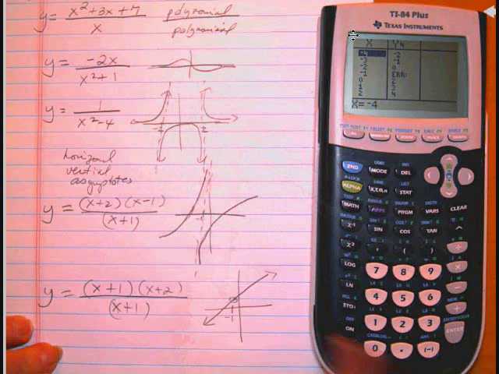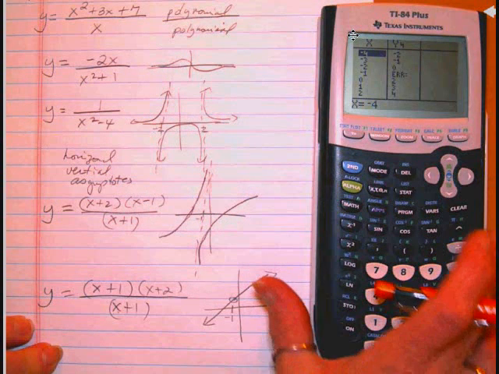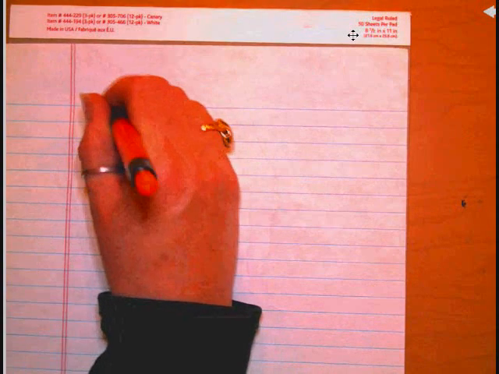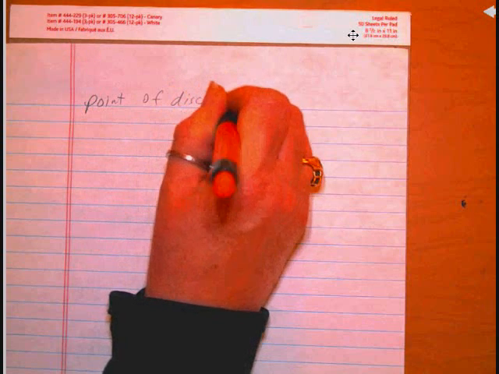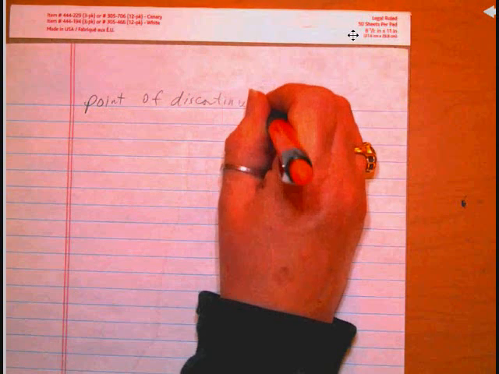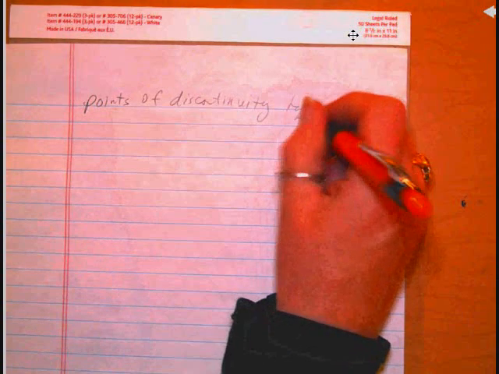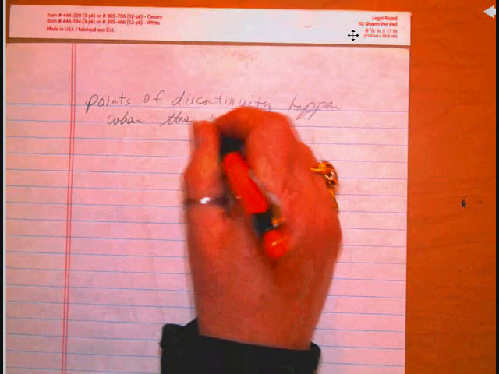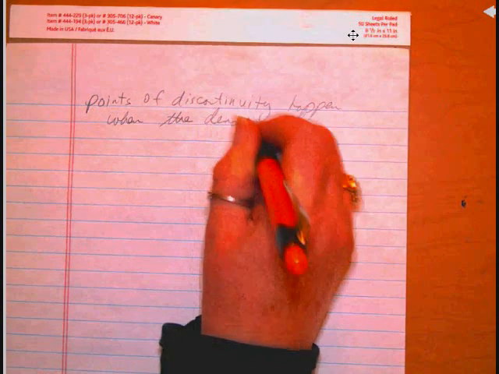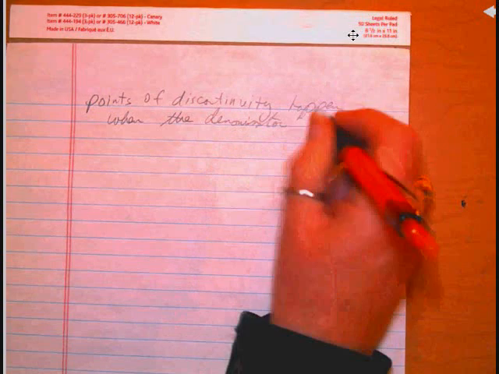So let's figure out how you find points of discontinuity. Points of discontinuity happen when the denominator equals 0.